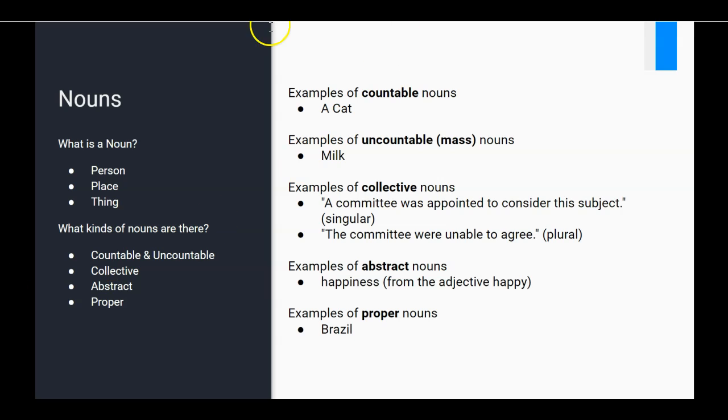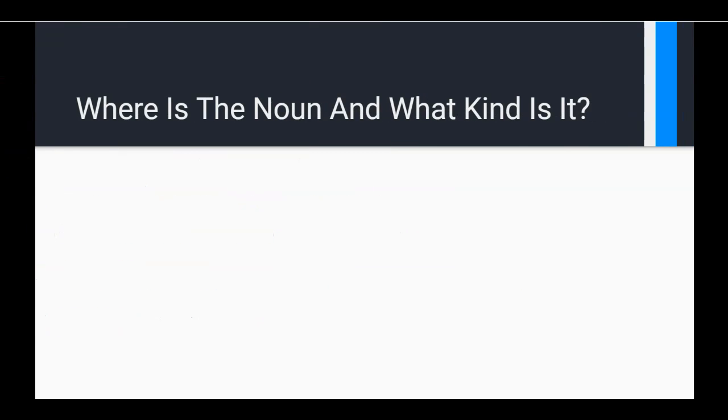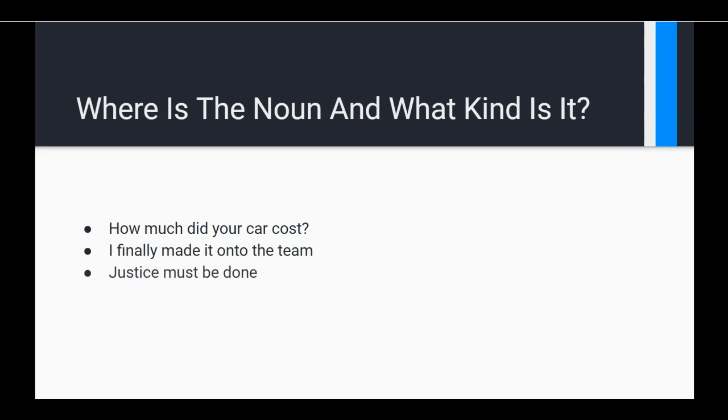Okay, so now we have an overview of these different kinds of nouns and what a noun is. Let's move on and talk about where is the noun and what kind is it. So this is a little exercise. Look at this sentence. How much did your car cost? I finally made it onto the team, and justice must be done.